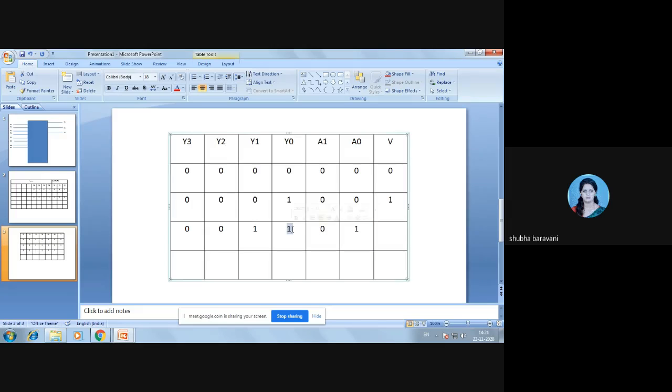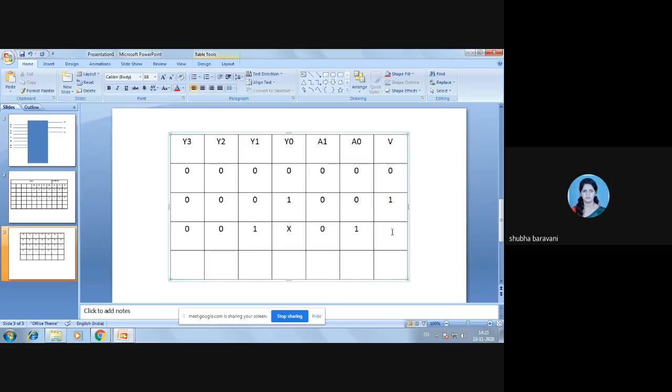It means, is it okay if I replace this with don't care? Even if this is 0, you would get 0 1. Even if this is 1, you would get 0 1. So I replace this with don't care. That is okay? Any confusion? Or is it understood?